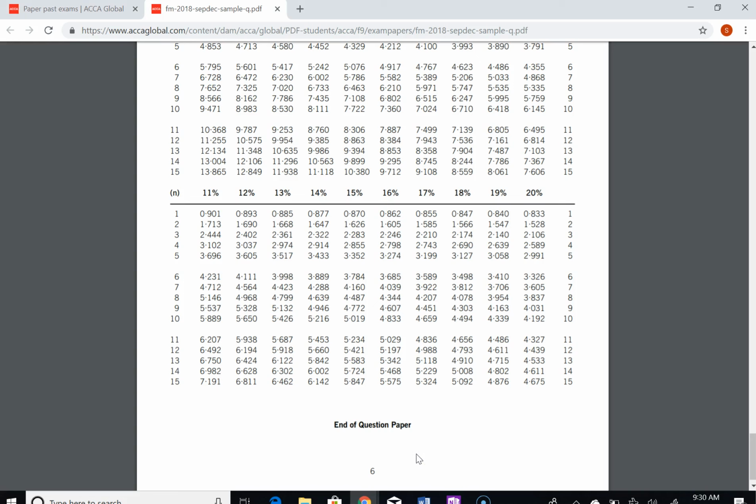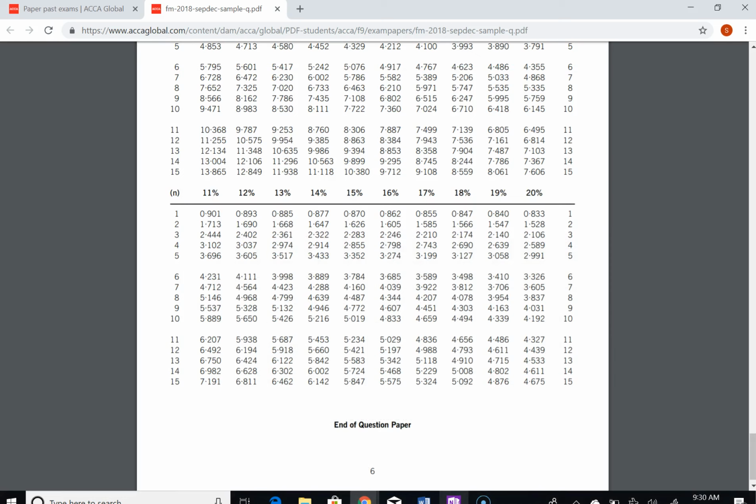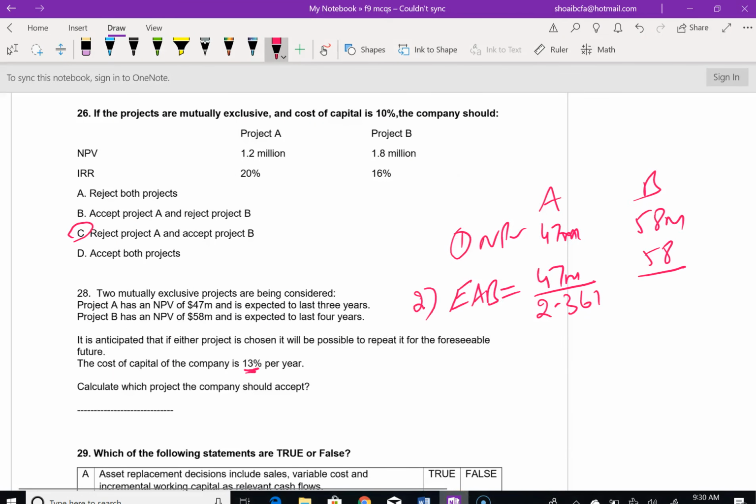At 13%, 3-year annuity factor is 2.361. And 58 million over the 4-year annuity factor, that is 2.974. Okay, let's divide this.